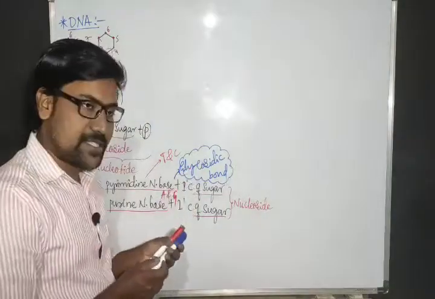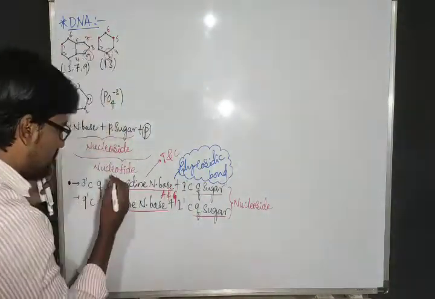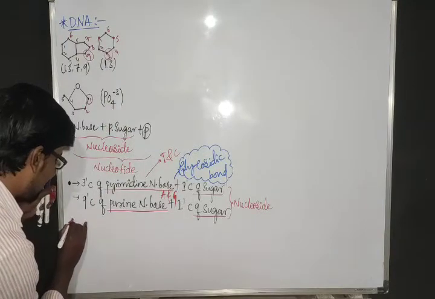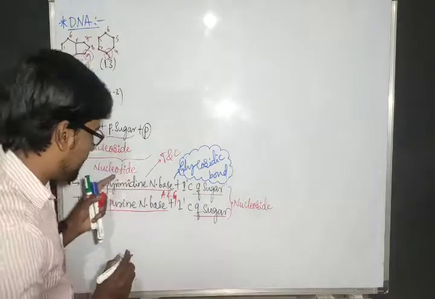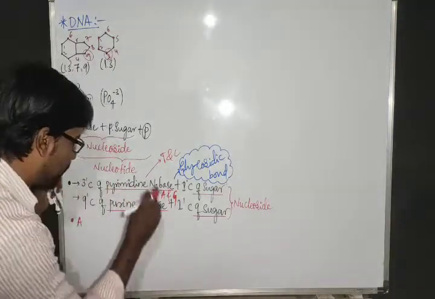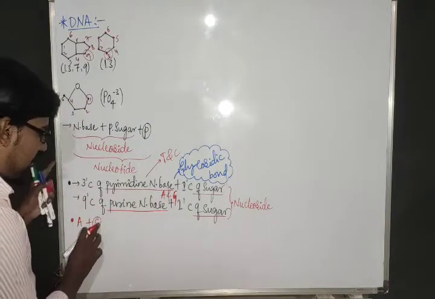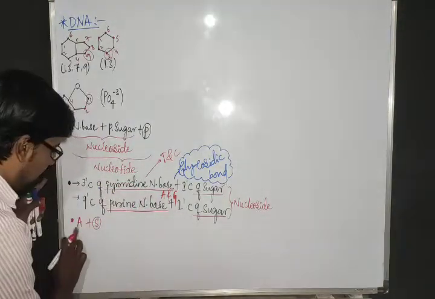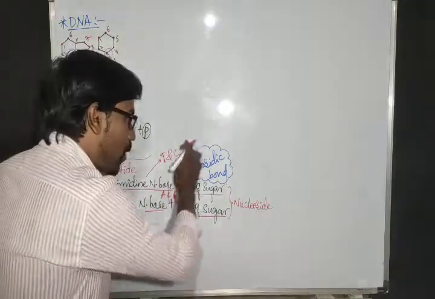So in that sense, suppose adenine, A stands for adenine. Adenine, purine or pyrimidine? Yes, that is a purine. Adenine combines with sugar. Here S means sugar. Adenine combines with the sugar. What is formed? Nucleoside, with which bond?